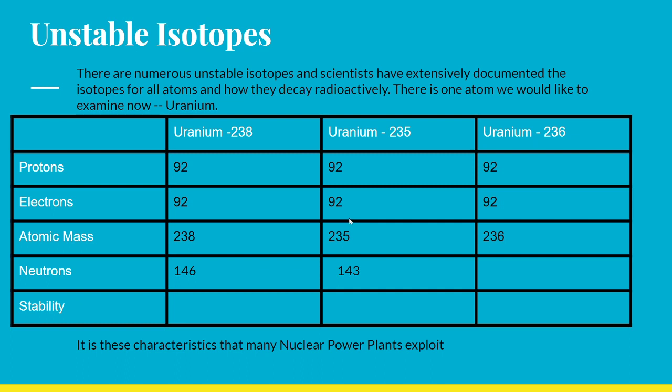And then finally, uranium-236, 144 neutrons. Now, scientists have documented all of this and also how things decay. We mentioned that uranium-238 was stable. Uranium-235, also stable. But uranium-236 is unstable. And it's this characteristic of uranium that many nuclear power plants exploit.